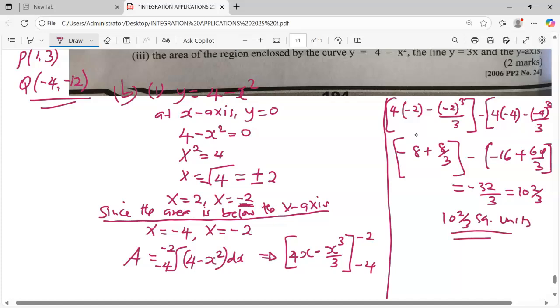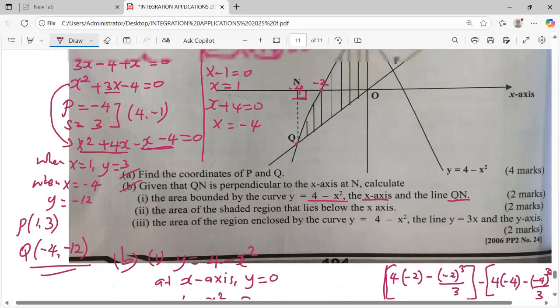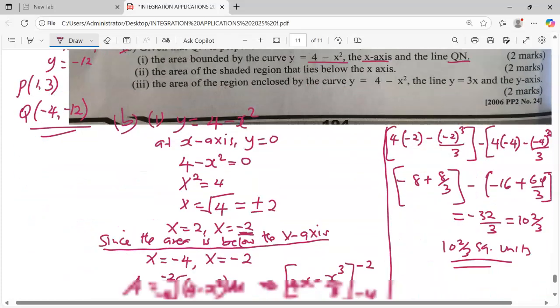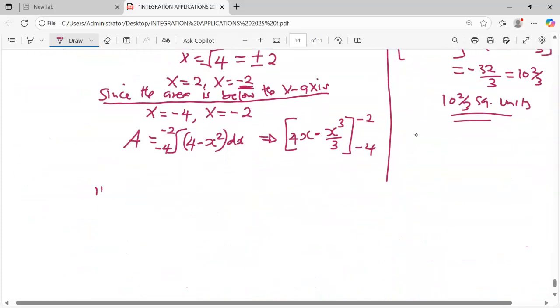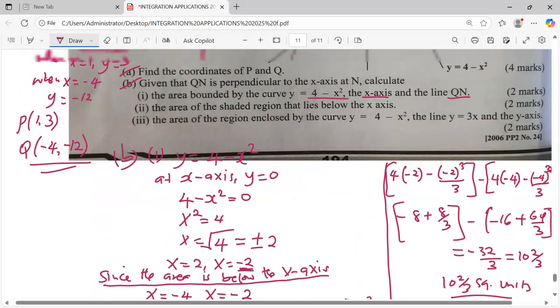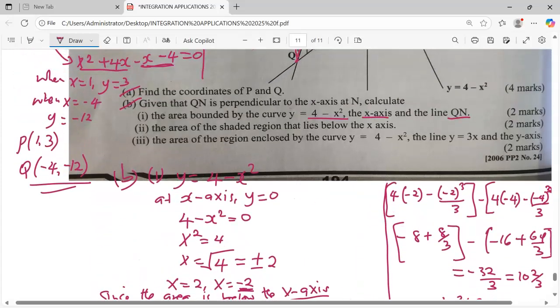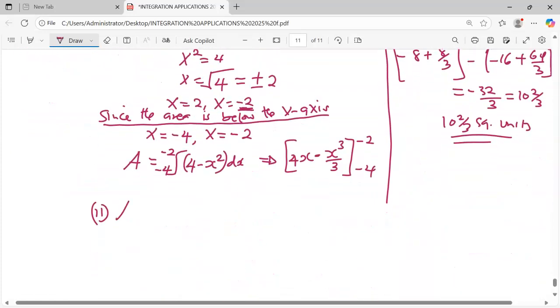That is the area of this unshaded part, the area between the curve QN and the x-axis. We move to Roman 2. Roman 2 of this question, they need the area of the shaded region that lies below the x-axis.